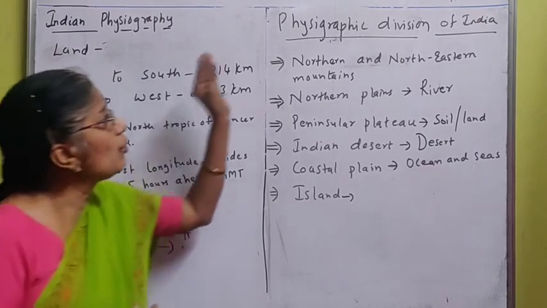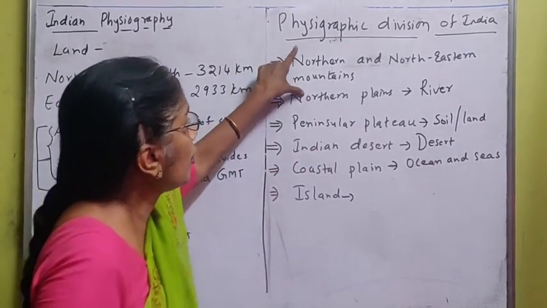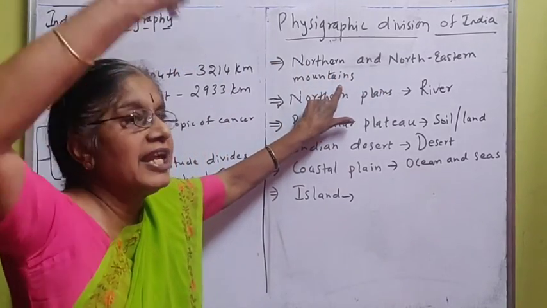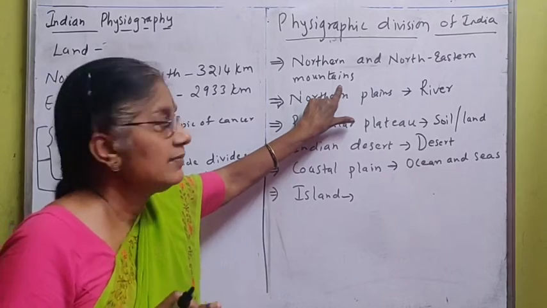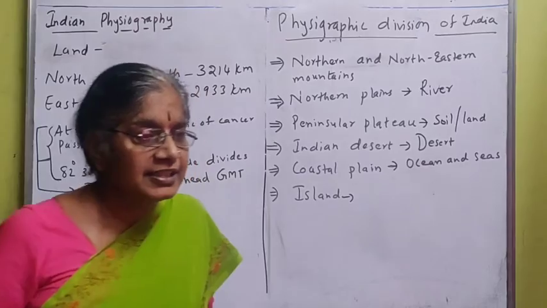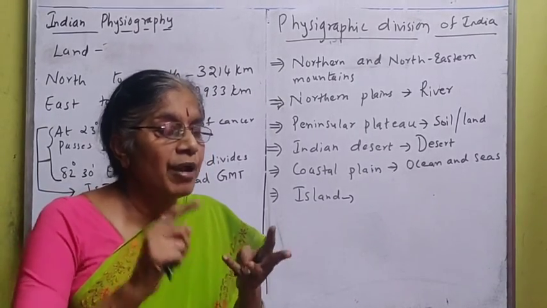Now let us go to the Physiographic Division of India. First division is northern and northeastern mountains, that is your Himalaya mountains. Then northern plains, with important rivers like Indus, Ganges, then Brahmaputra.